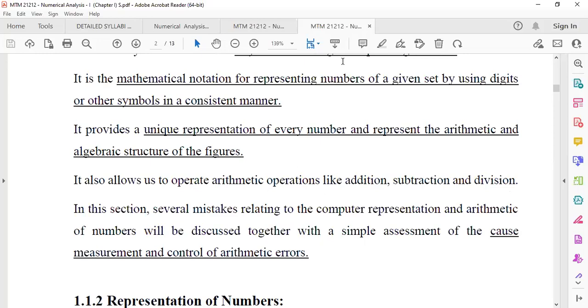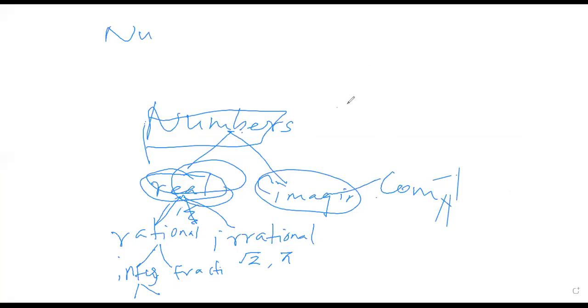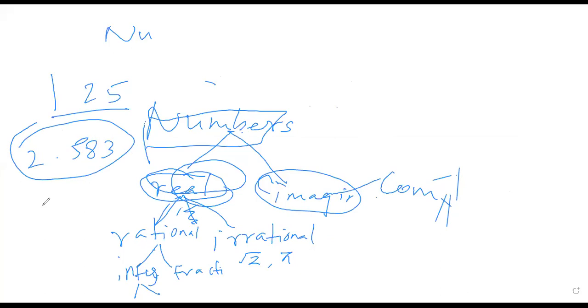You may know, using the numbers only, we can do some arithmetic. For example, 125 is one of the number representations. Likewise, 2.583 is also one of the number representations. You can write this as 283 times 10 to the power -3.